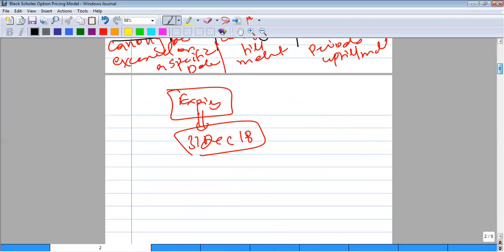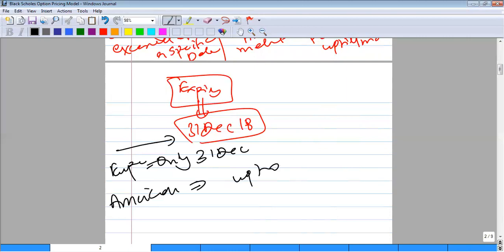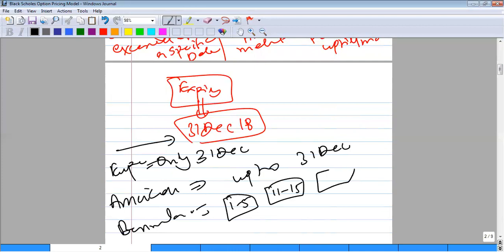The European style option would only be exercised on 31st. The American style option can be exercised up to 31st December on any day. The Bermudan style option could be exercised, let's say, from 1st to 5th, 11th to 15th, and 20th to 25th. So basically, there are certain time intervals up till the maturity date in which these options could be exercised.